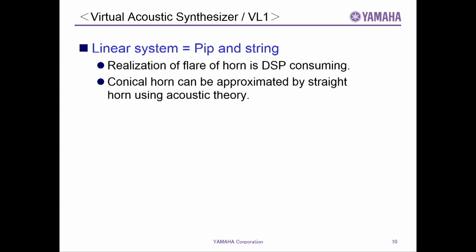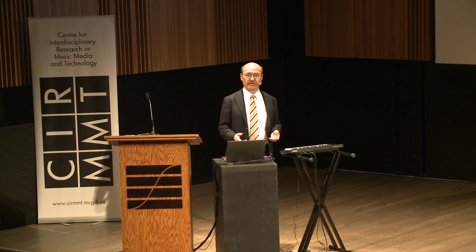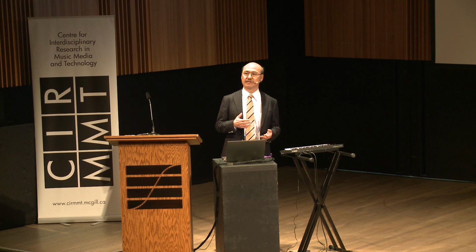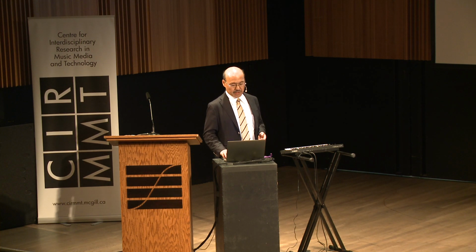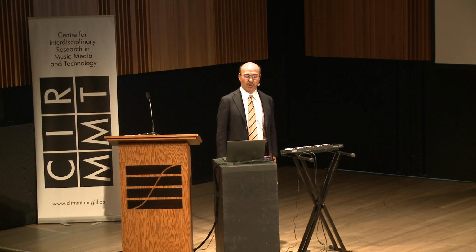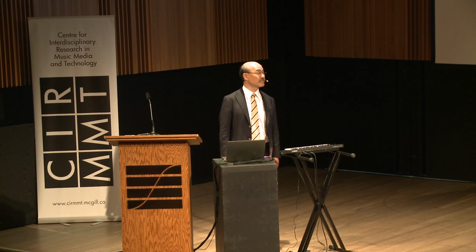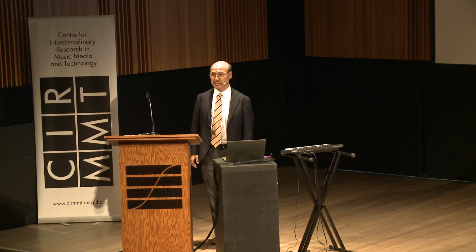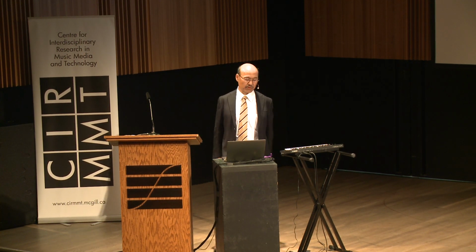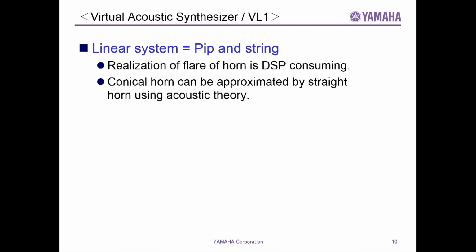Wave propagation in a pipe or string is very similar, and we can emulate those kinds of phenomena in DSP code software. Realization of a conical horn is DSP consuming. That is a very big problem for us, a big problem for DSP guys, any DSP guys.